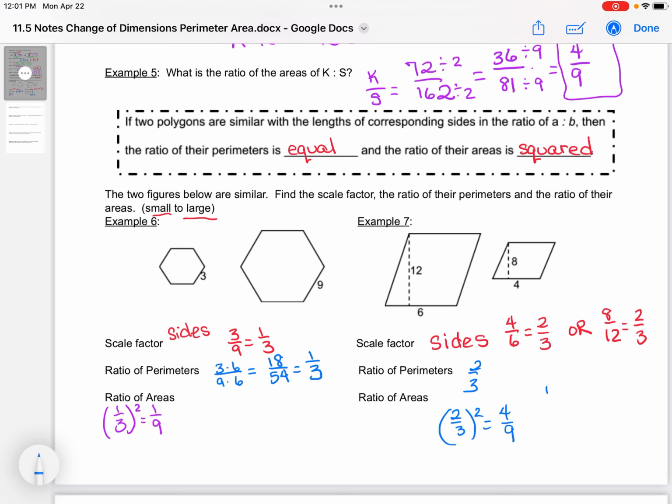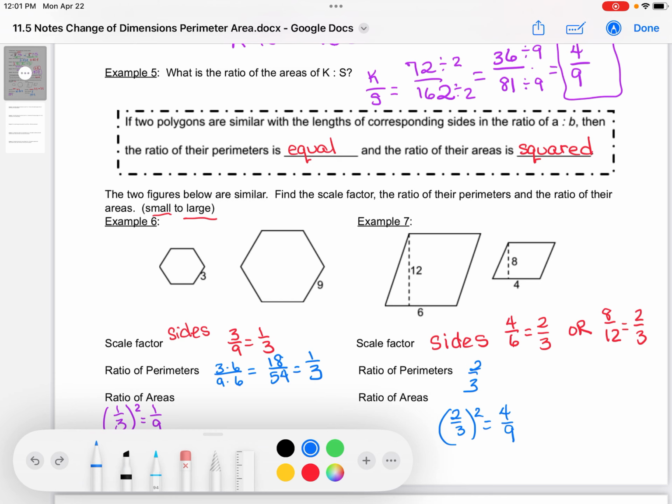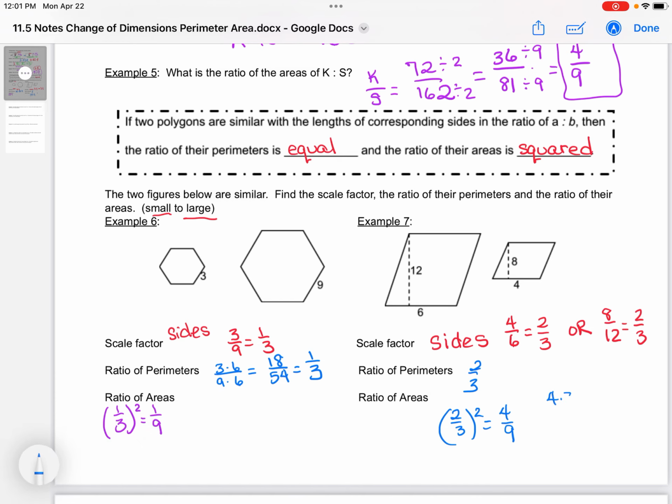We would have 12 times, oh no, we wouldn't. We would have 4 times 8 and 12 times 6, and that would be 32 over 72. I could divide by 4. Does 4 go into 72? Yes. Nope, it does not.